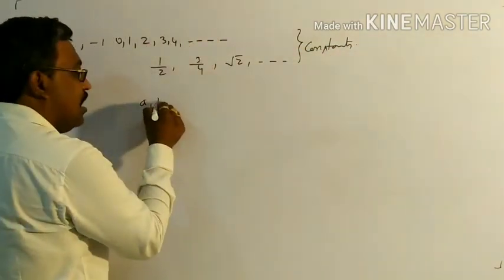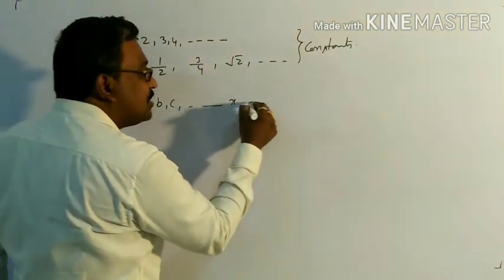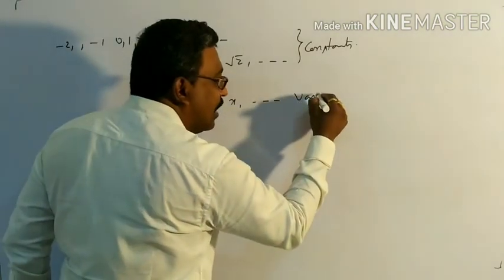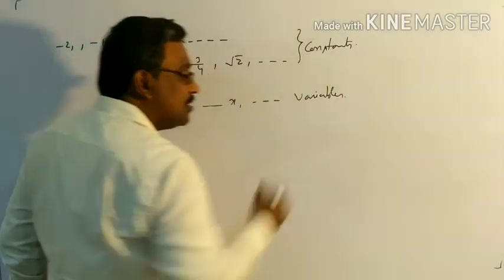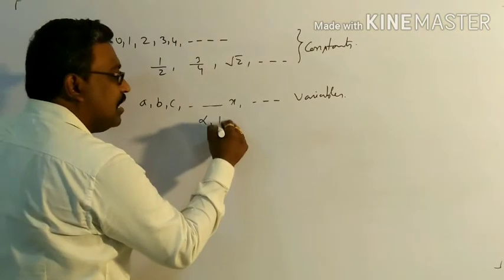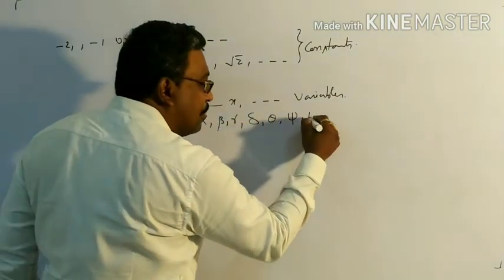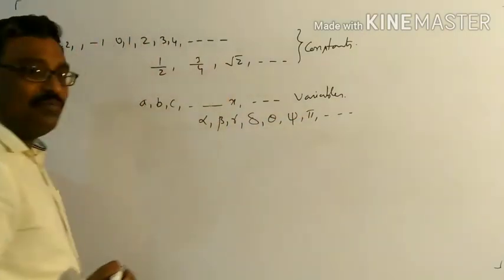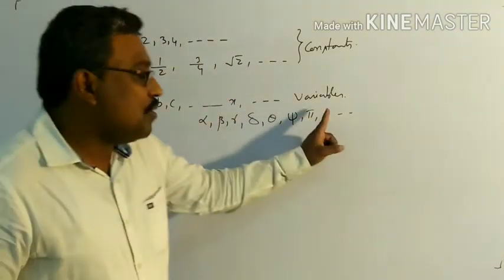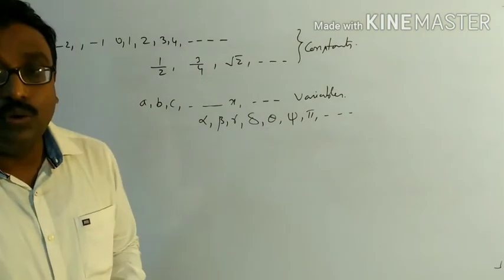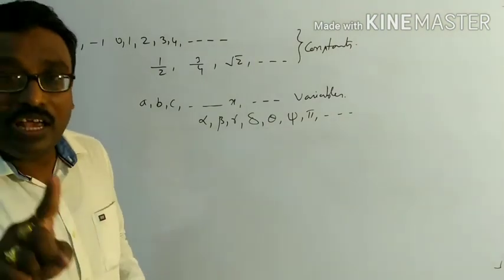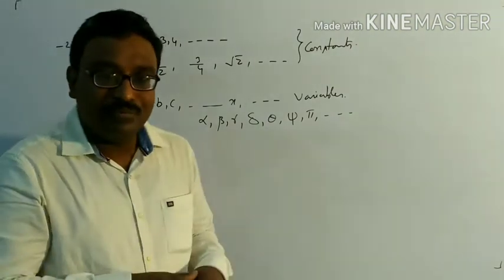Okay, a, b, c, and so on, x, and so on, these are called variables. Not only a, b, c, alpha, beta, gamma, delta, theta, psi, pi, these are all Greek alphabets. These are also variables. So, linear equation in one variable.